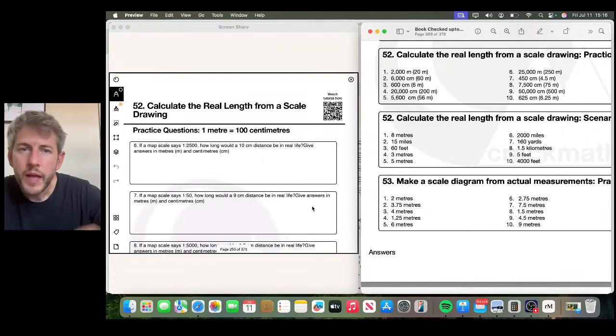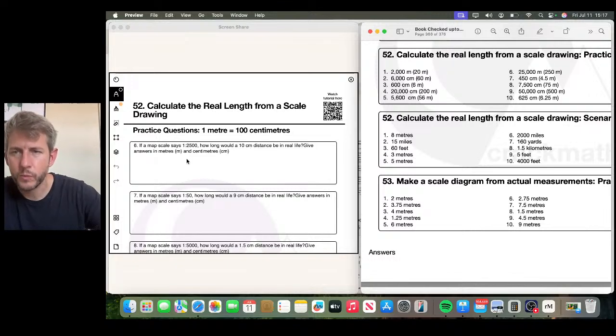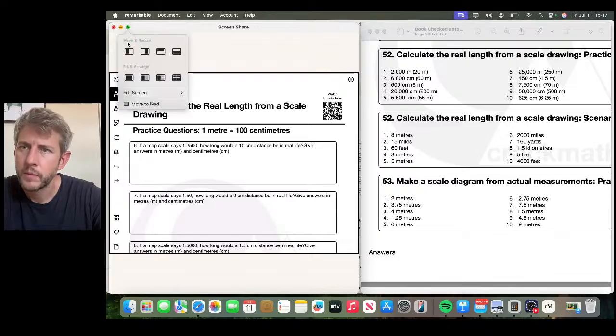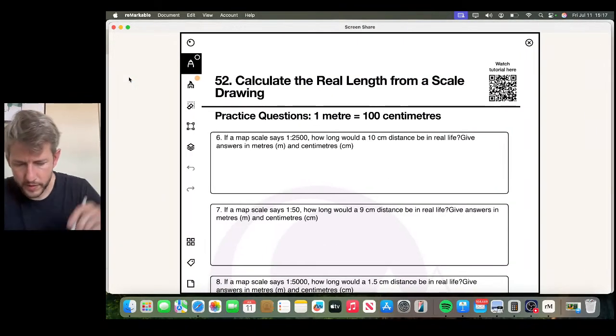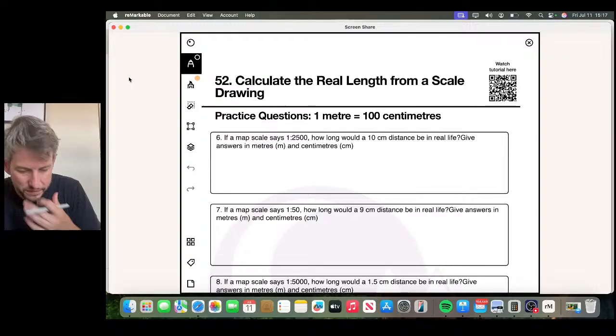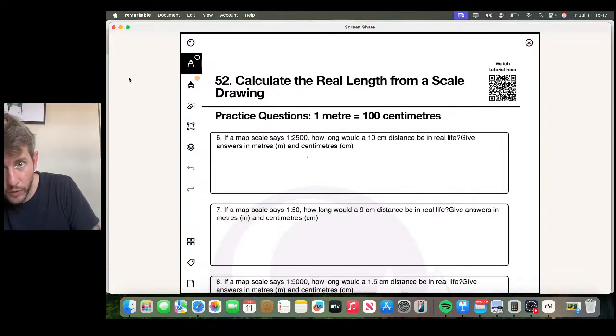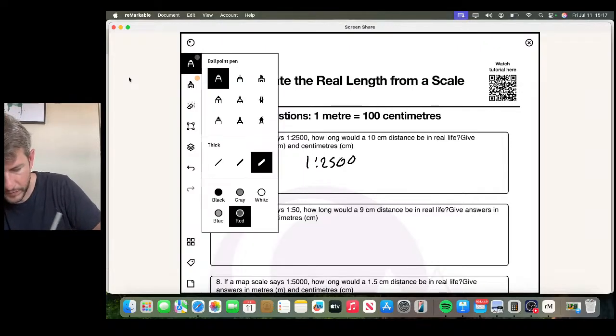So here we go. Let's make this large. Right, if a map scale says 1 to 250, how long would a 10 centimetre distance be in real life? Okay, right, so that's going to be 1 to 250.